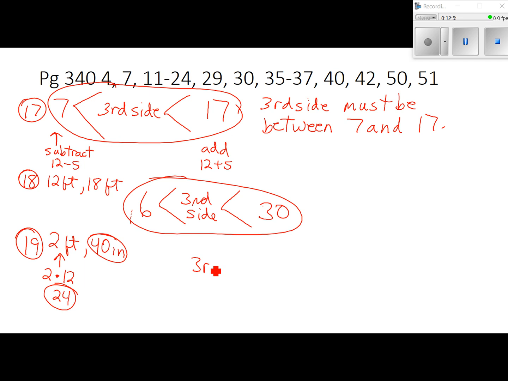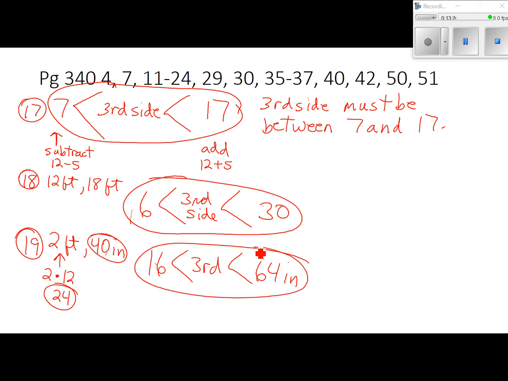The third side has to fall between, on this side we subtract 40 and 24, and we get 16 inches. And on this side we add 24 and 40, and we get 64 inches. So that third side has to be between 16 inches and 64 inches.